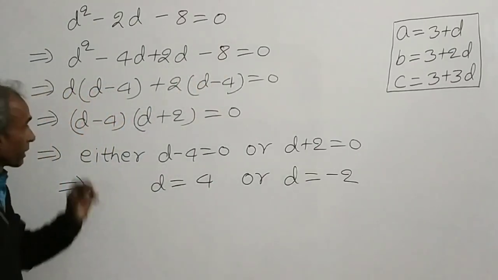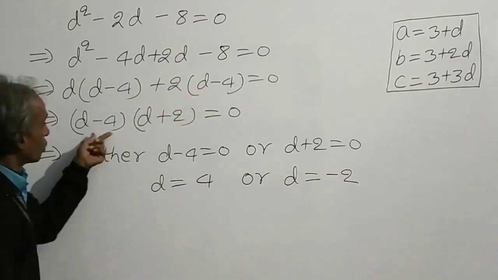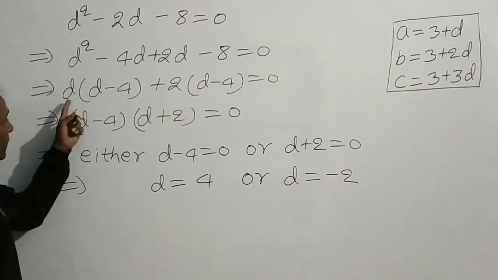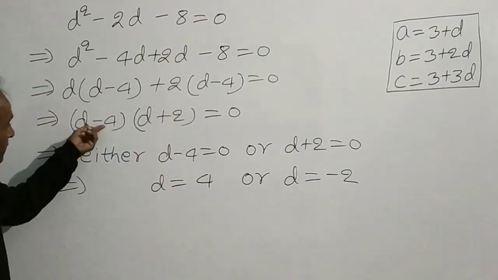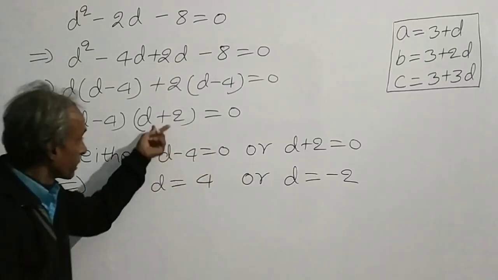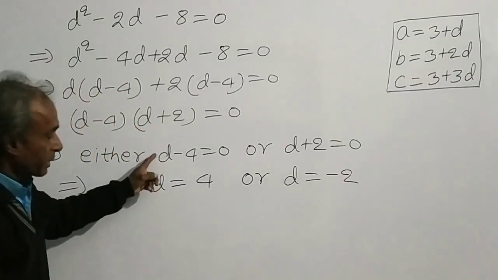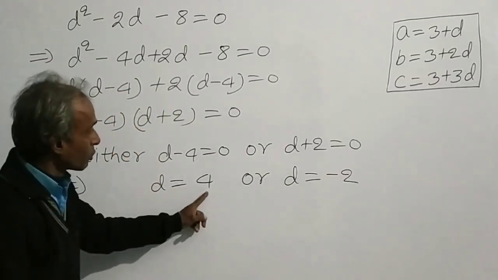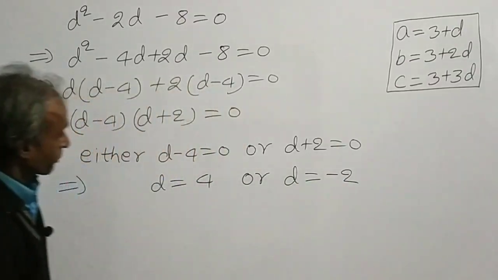Now we take D minus 4 common from these two terms. Then there is left D plus 2. Either this will be equal to 0 or this will be equal to 0. This gives either D is equal to 4 or D is equal to minus 2.